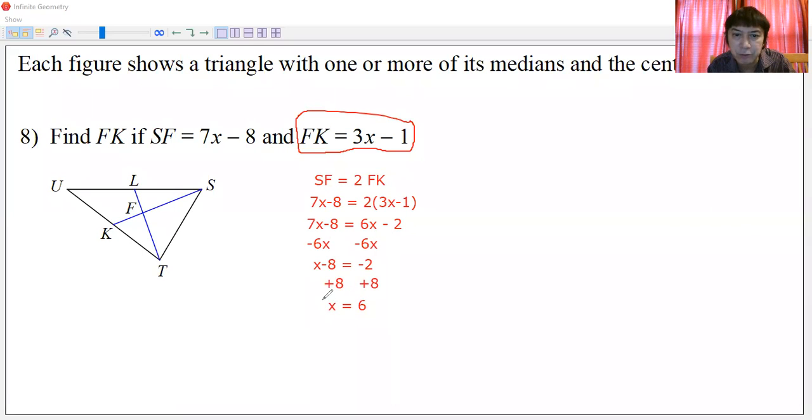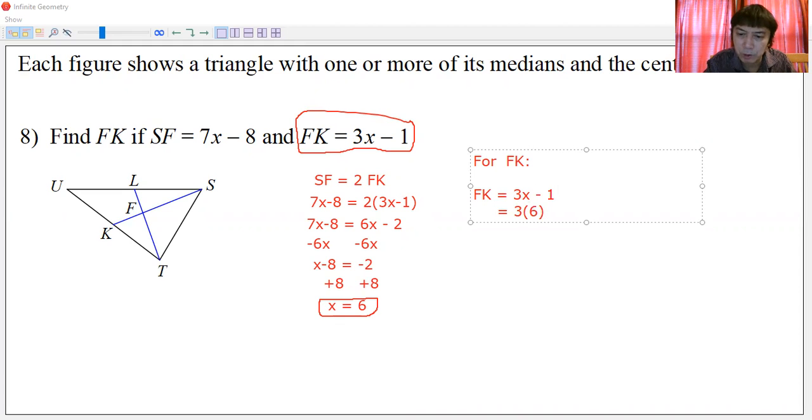And we can now use this for the computation for the requirement FK. All right, let's compute for FK. FK is equal to 3x minus 1, and this is equal to 3 times 6 minus 1.